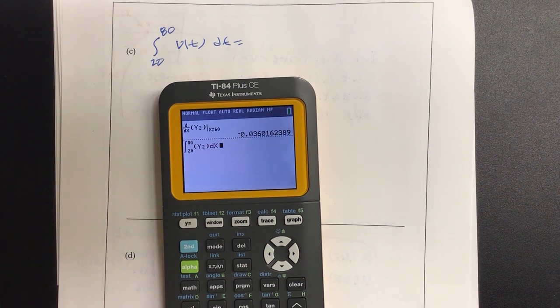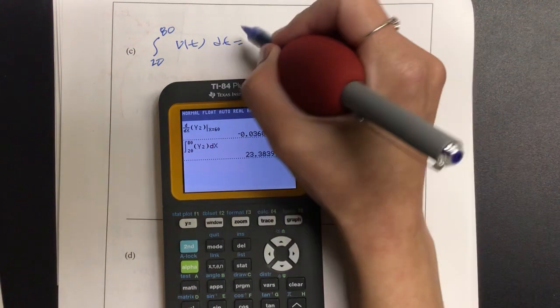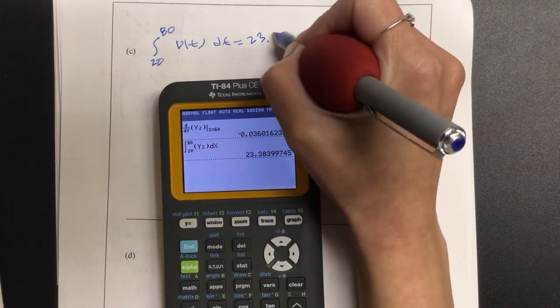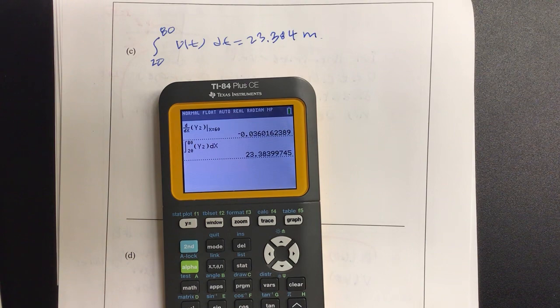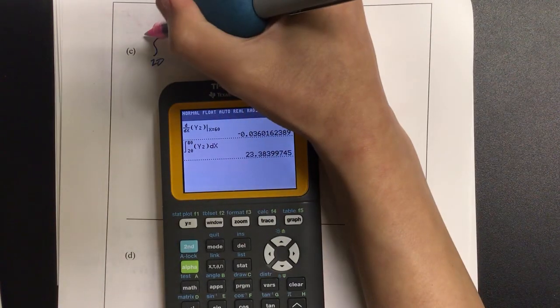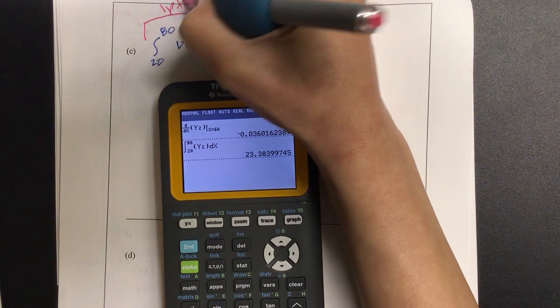Nathan, what'd you get? 23.38. Ooh, I got something else. Oh, there it is. Took a while. 23.384 meters. So, knowing that the position is the integral of the velocity is 1 point.